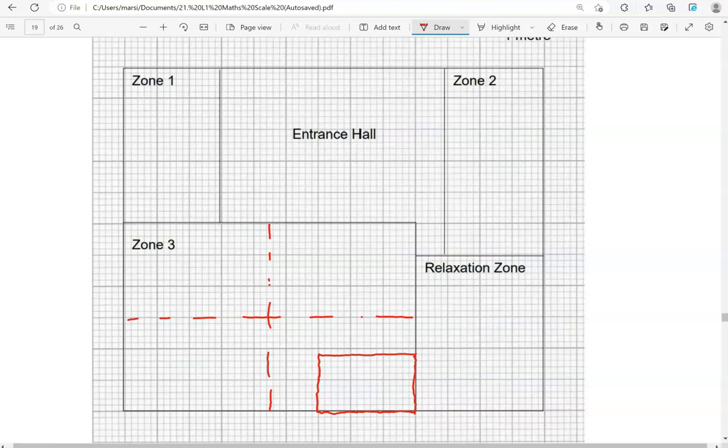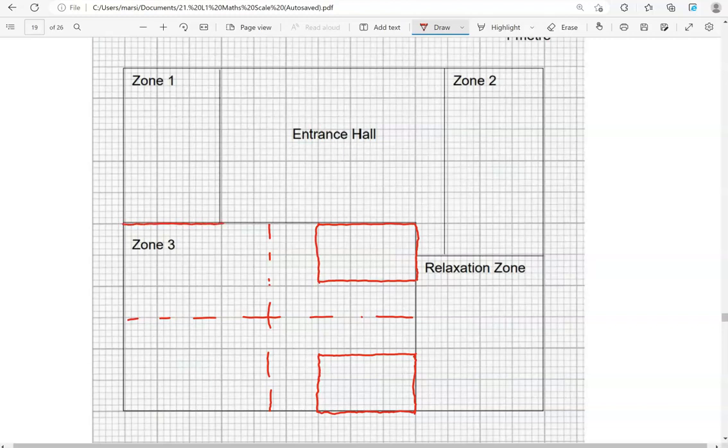So I'll reflect this trampoline on the other side. So 1, 2, 3, and then going down 1.8. Then I'll repeat this on the other side.